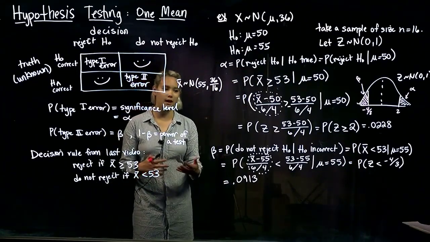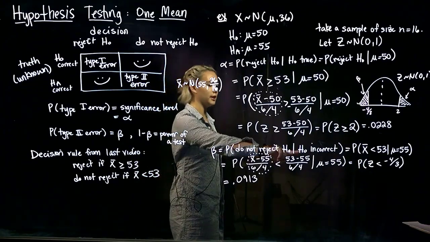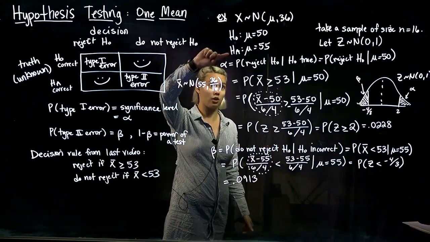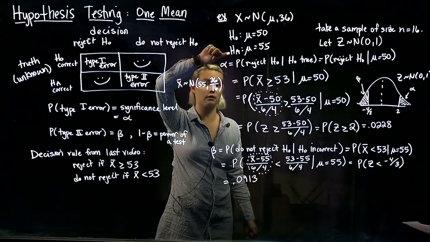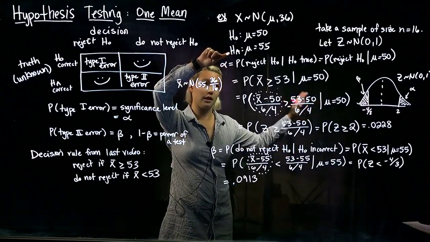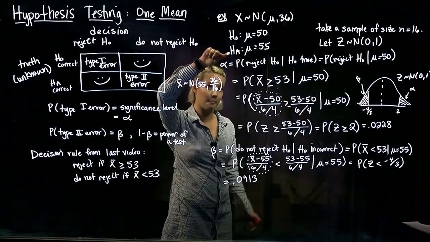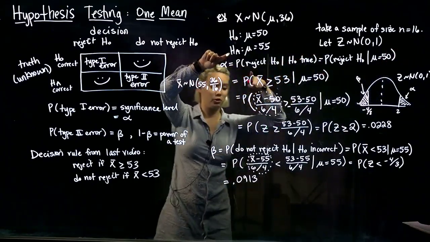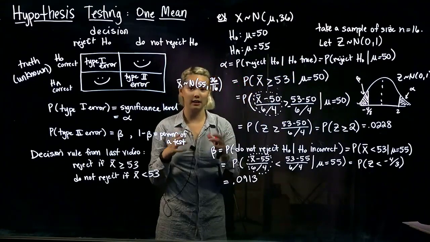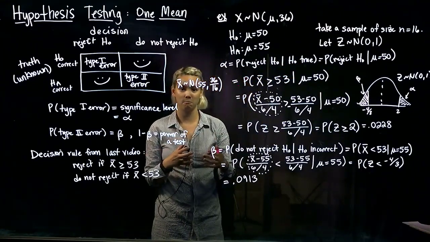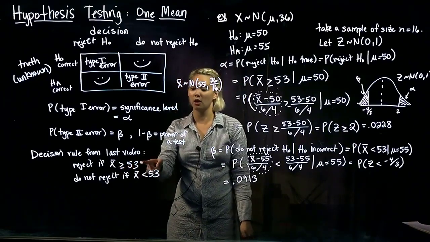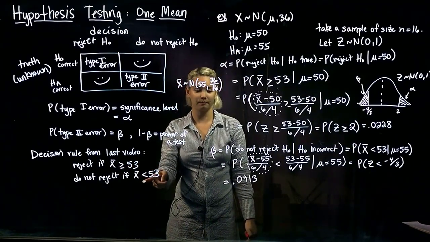So imagine that the null is actually incorrect. So in reality, mu is equal to 55. The truth out there is mu equals 55. Now imagine you take a sample of size 16 from this distribution. You calculate its sample mean, and then based on that you decide to reject the null or not reject the null.